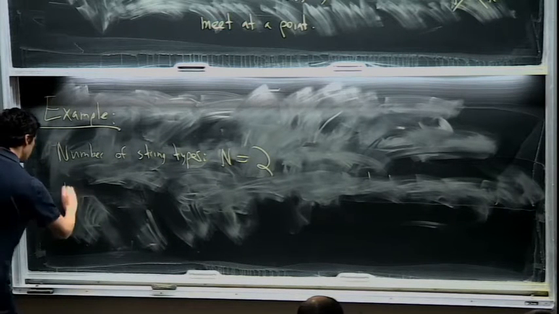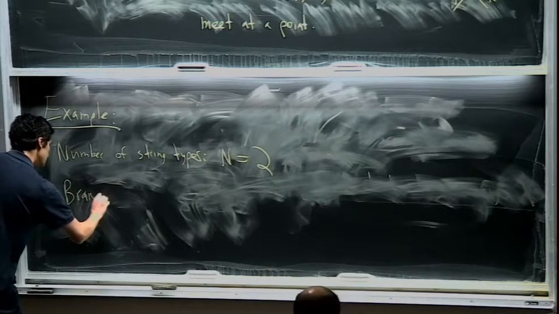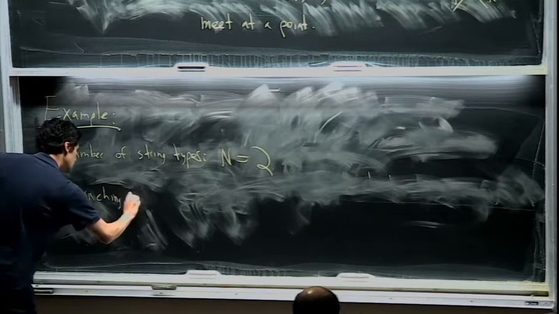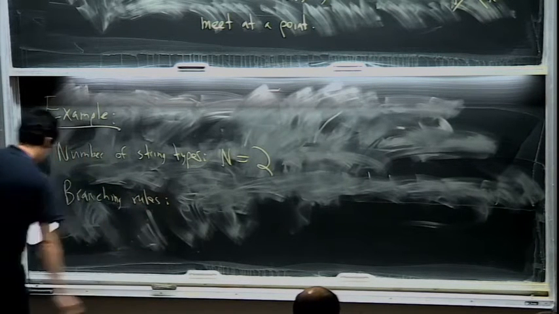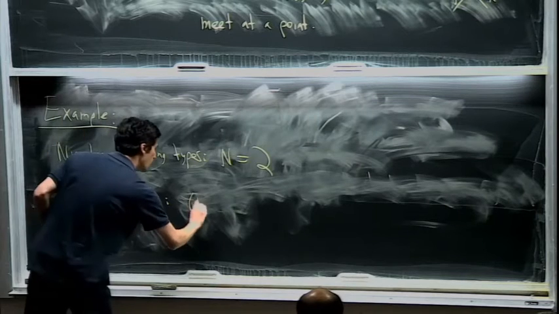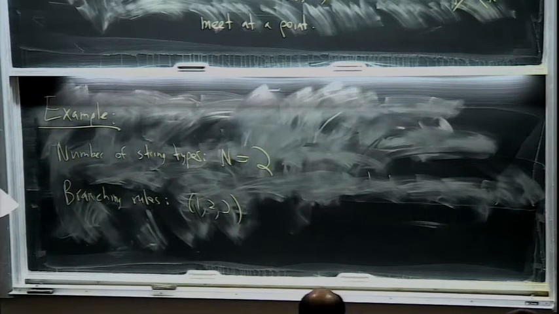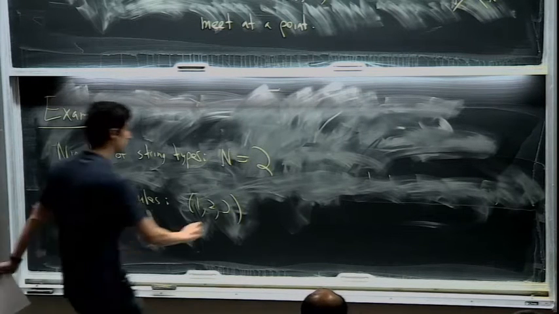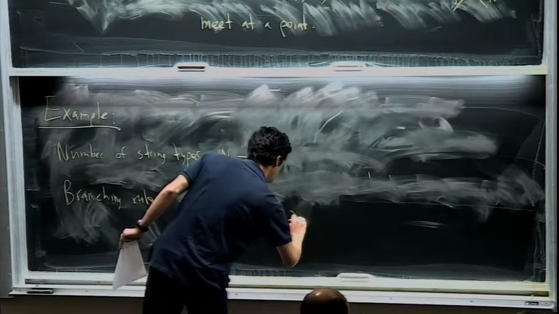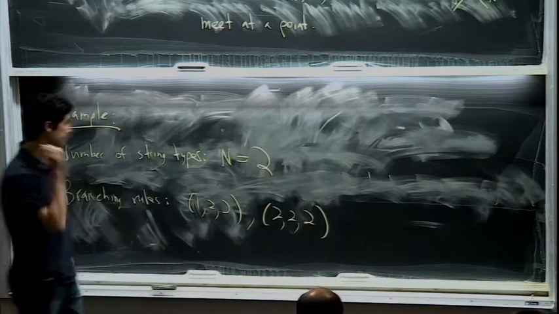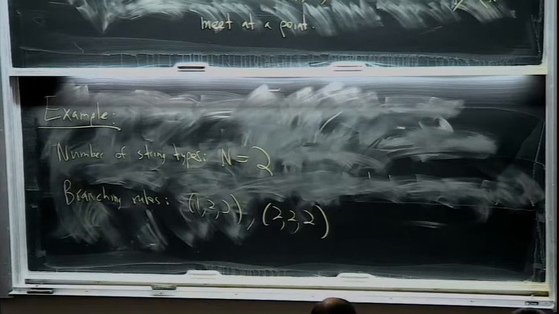And I could tell you that the following triplets are allowed, the following branching rules. So I would say that 1, 2, 2 is an allowed branching. Type 1, type 2, and type 2 string can meet at a point. And also 2, 2, 2. Three type 2 strings can meet at a point. So I could tell you this data.